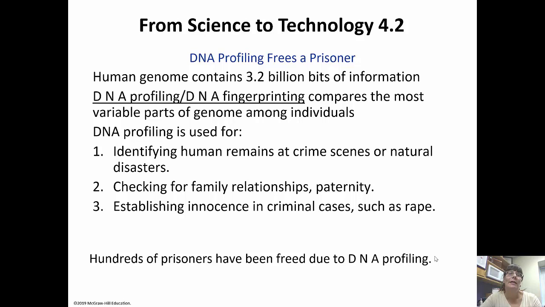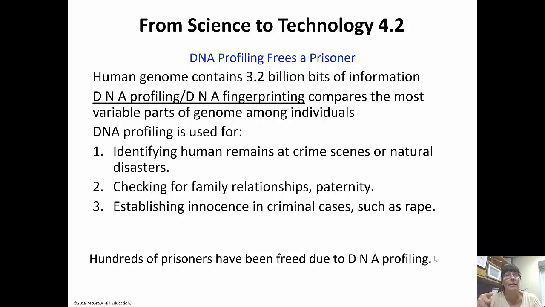And DNA profiling and fingerprinting actually compares the most variable parts of the genome among individuals. So it's going to be used to identify human remains at crime scenes or even during natural disasters. When we have earthquakes and tsunamis and all of these things happen, unfortunately, DNA has to be used to identify some people. It can also check for family relationships, especially paternity tests.